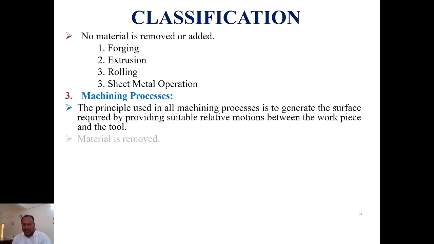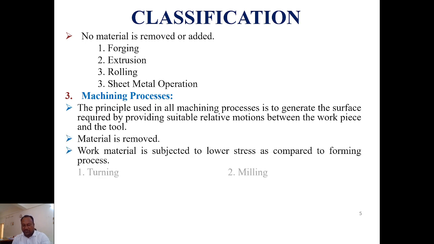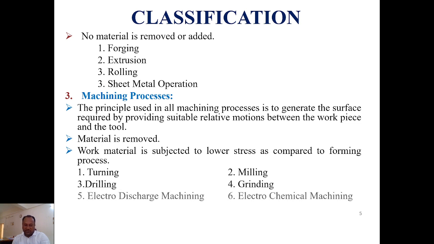The third one is the machining process, where material is removed. To generate the workpiece surface, we need to remove workpiece material by giving relative motion between the workpiece and tool.